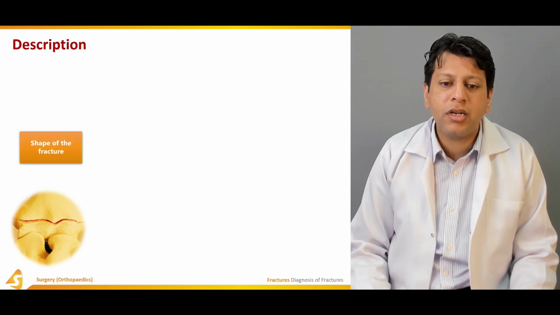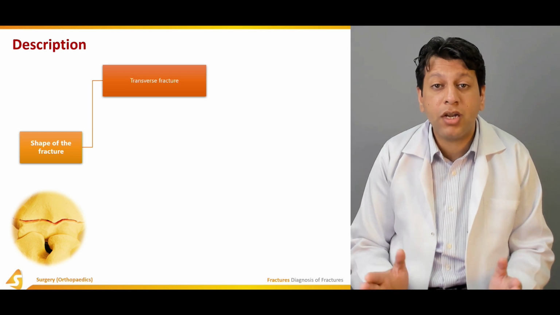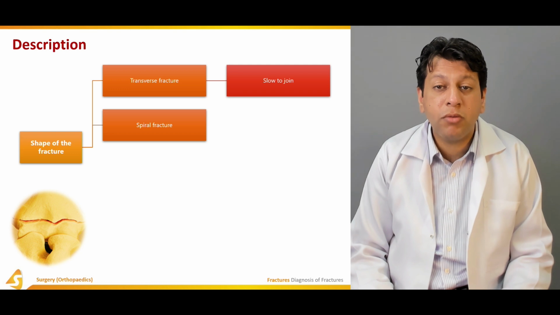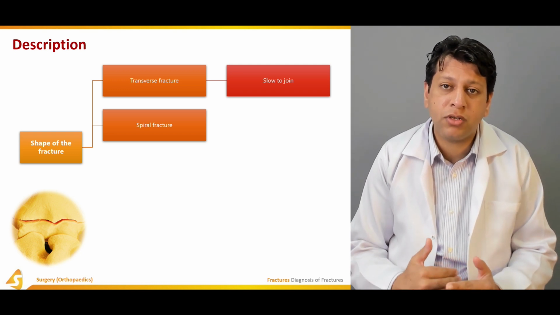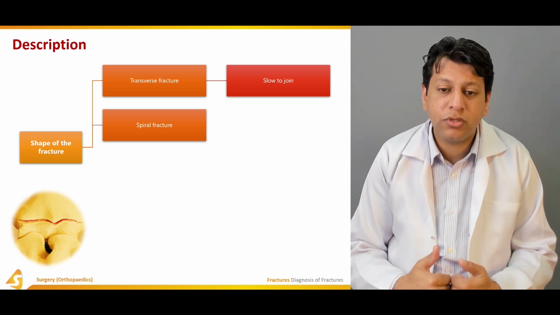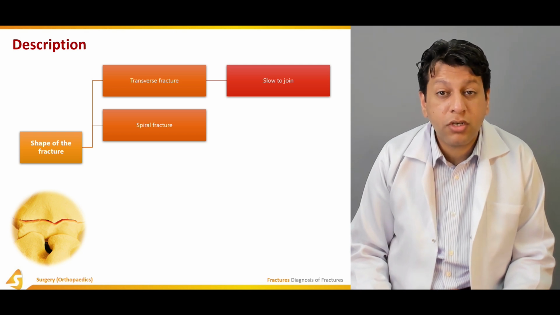So how to describe the shape of a fracture? It could be a simple transverse fracture, that is a straight line. This could be slow to join, usually because both ends of the bone are not completely opposed. It could be a spiral fracture, in which there is a twisting type of injury.